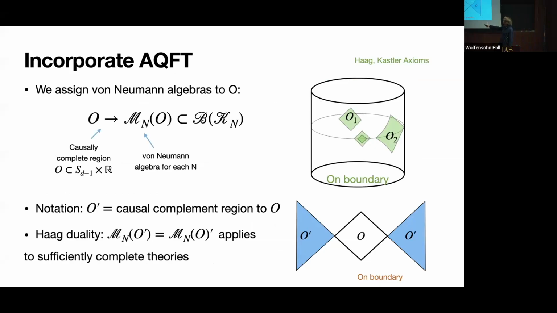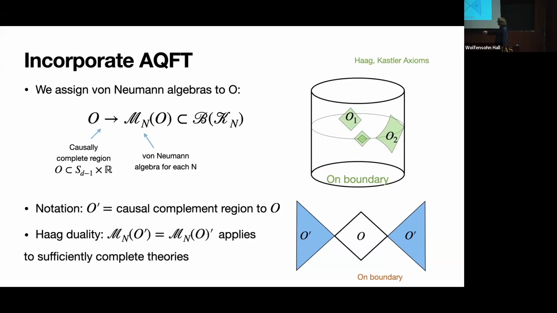Actually, we're going to assign a sequence of von Neumann algebras in the physical theories. And they're subalgebras of all possible operators in this physical theory. And this is the standard algebraic quantum field theory setup. There are various consistency conditions on this assignment that I'm not going to talk about, but they're kind of obvious.